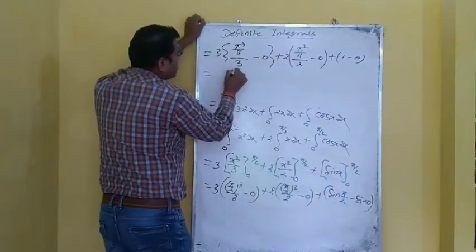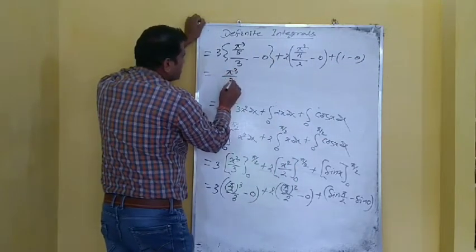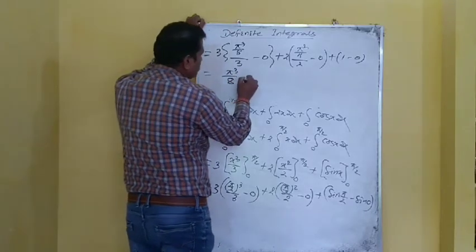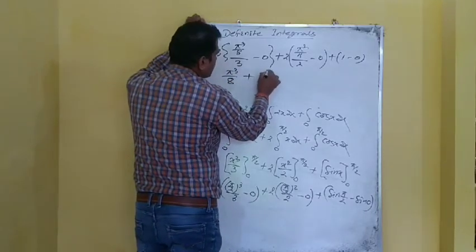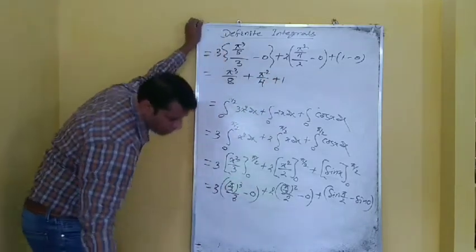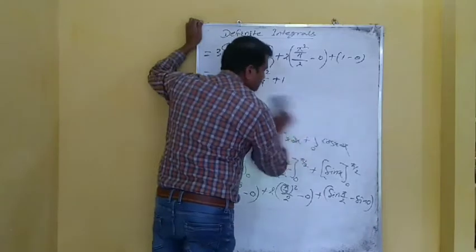The 3 cancels, giving pi cube by 8 plus pi square by 4 plus 1. Okay, that's the answer.